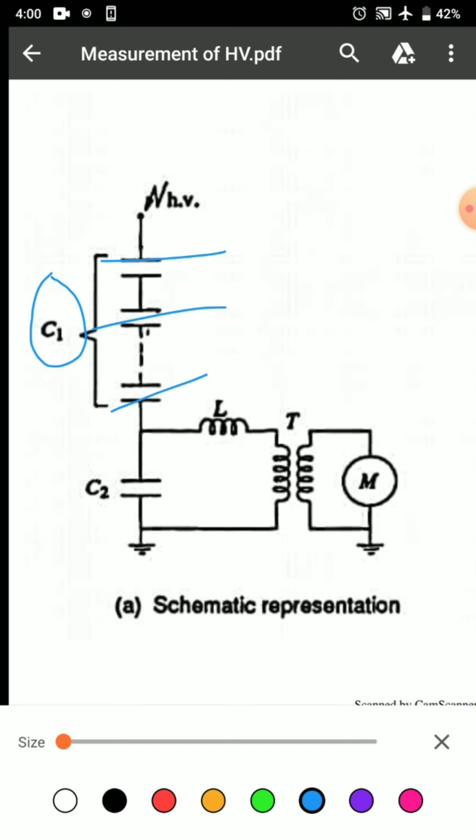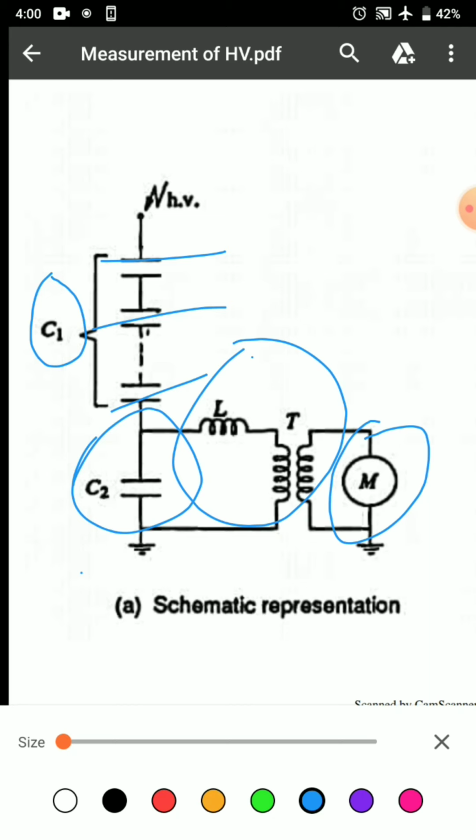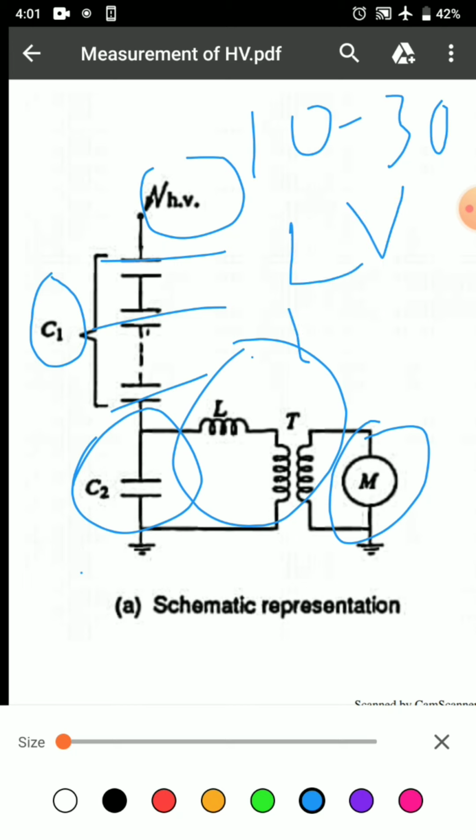A matching transformer is connected between load and meter M. Transformer ratio is chosen on economic grounds, and the high voltage winding rating may be 10 to 30 kilovolt with a low voltage winding rating of 100 to 500 volt.